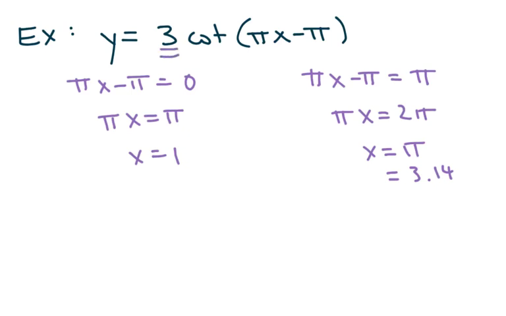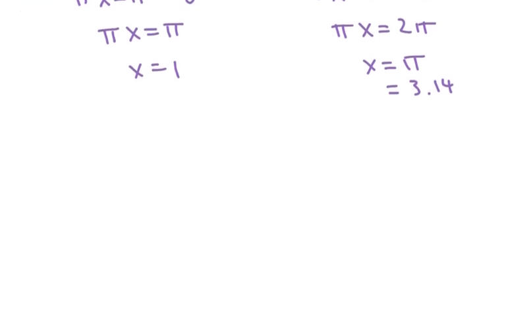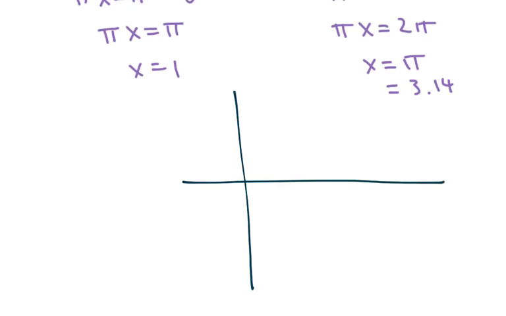This tells me that the in-between points, the ones that don't hit the x-axis, are going to be at 3 and -3. So now I'm ready to go draw my graph. And my asymptotes will be at 1 and 3.14. So the one that's smack dab between is going to be at 2.07. That's the x-intercept.